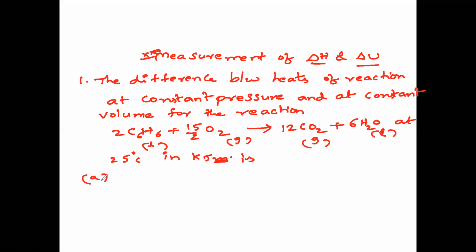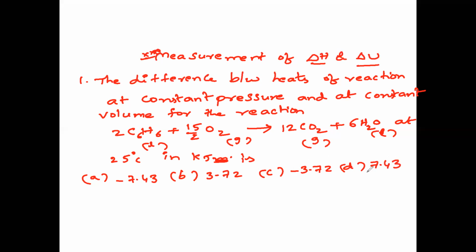Option A, minus 7.43. Option B, 3.72. Option C, minus 3.72, and option D is 7.43.